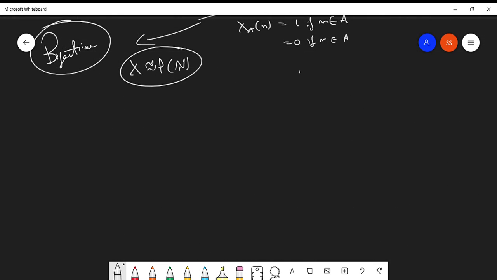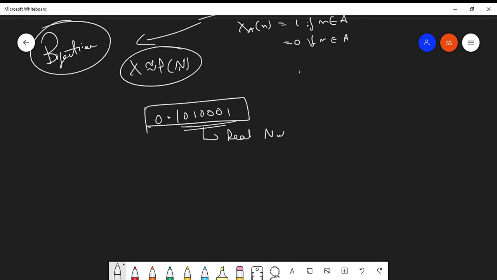Suppose you have a binary sequence 1 0 1 0 0 0 1. This is a binary sequence. If you put this under decimal representation, what is this? A real number. What is its range?